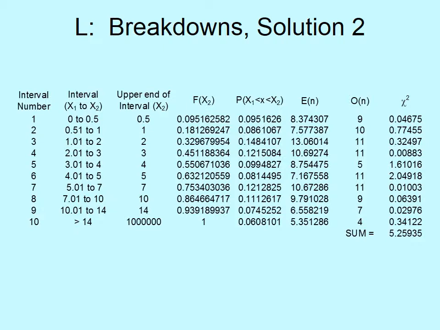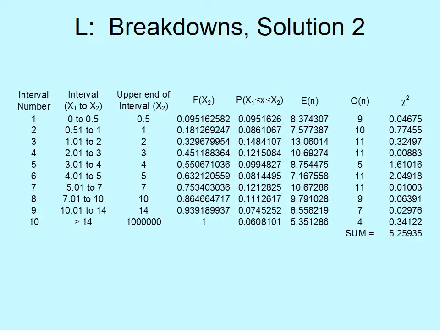So with this result, I have a better balance between different categories or classes, and I got my chi-squared statistic that sums to 5.26 essentially.